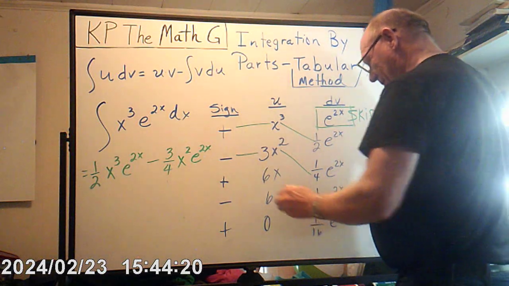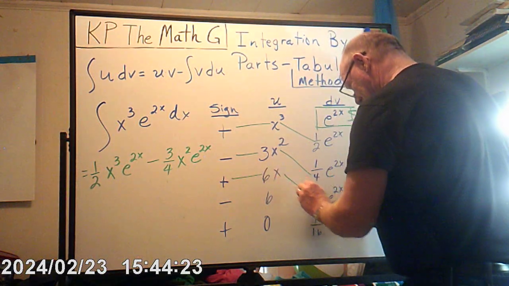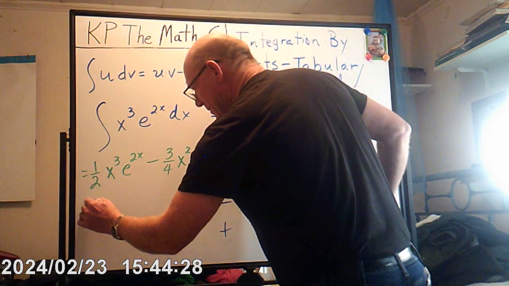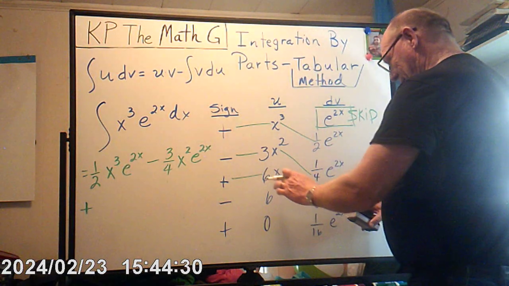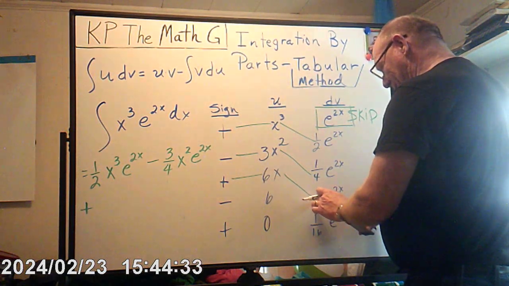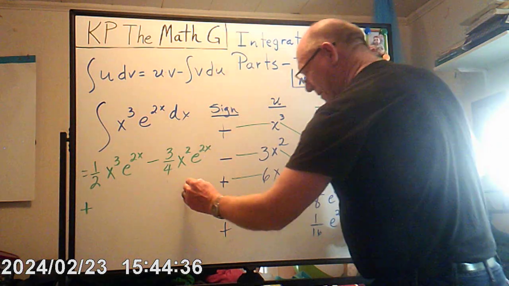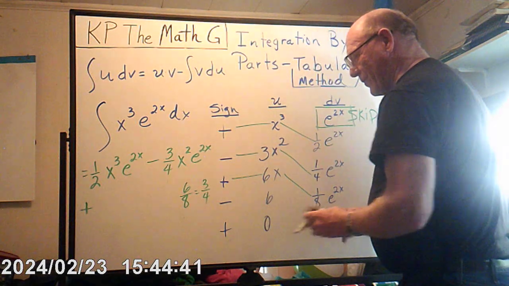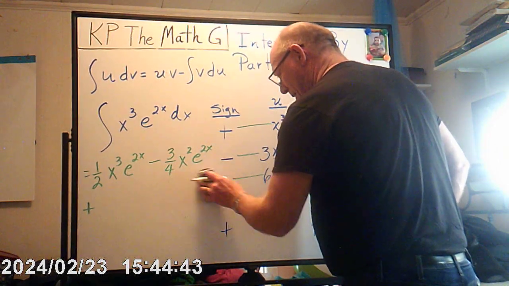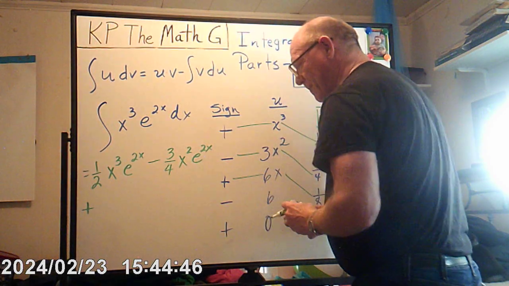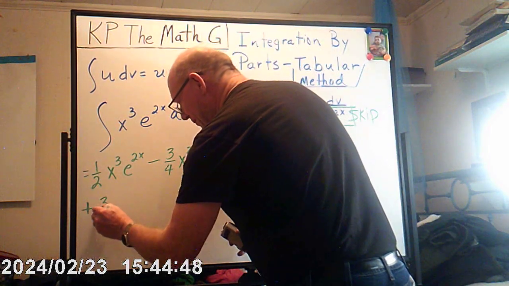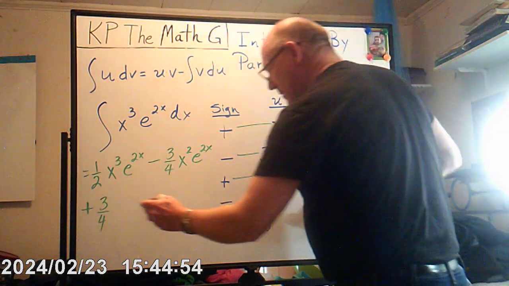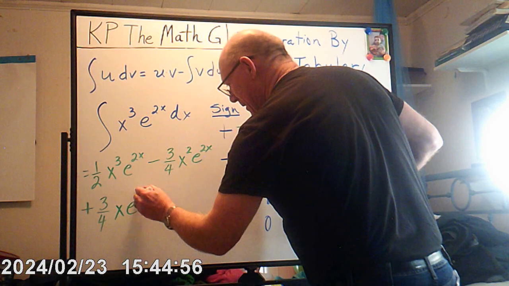Now let's do the next one. This time we have a plus sign. So plus 6 times 1/8 is 6/8, and 6/8 is equal to 3/4. So another 3/4 x e to the 2x.